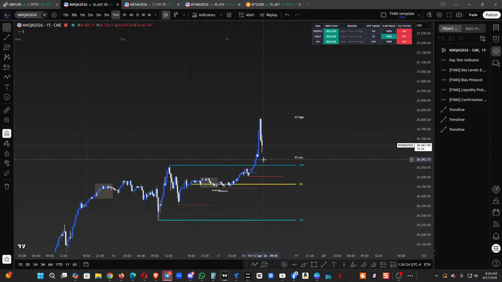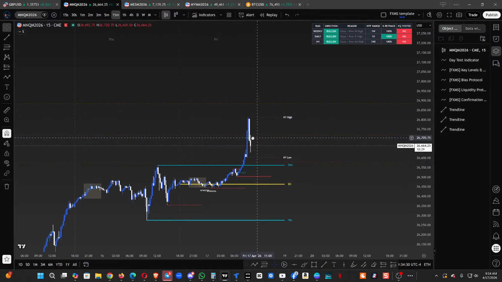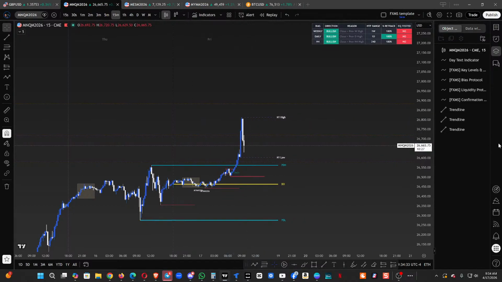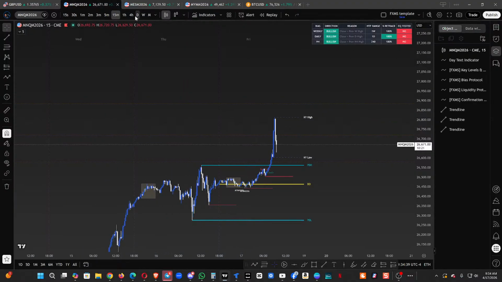Because we were already traded above previous daily high. This is only going to work, though, obviously, if we trade below previous day high. This is a pretty nice reaction, though. I'm not really sure what's going to happen in terms of what price wants to go for first. Are we going to build in some liquidity here at the top?